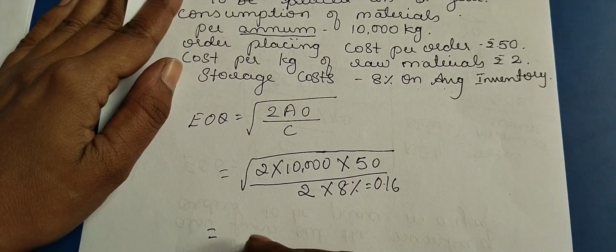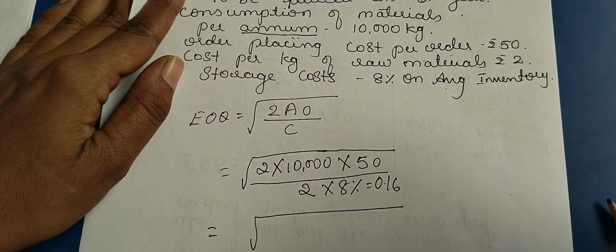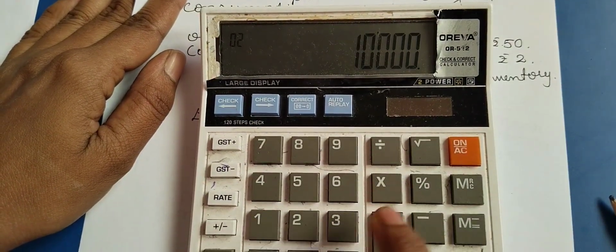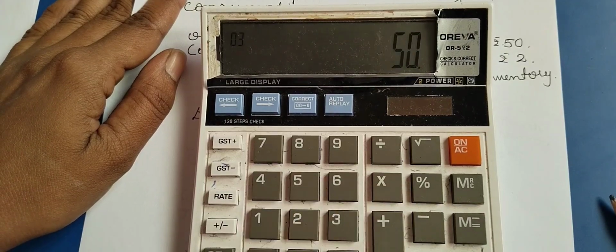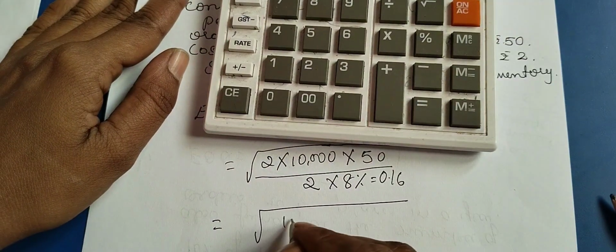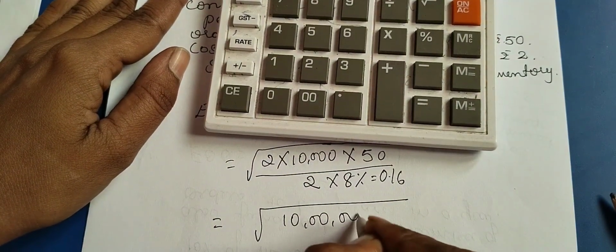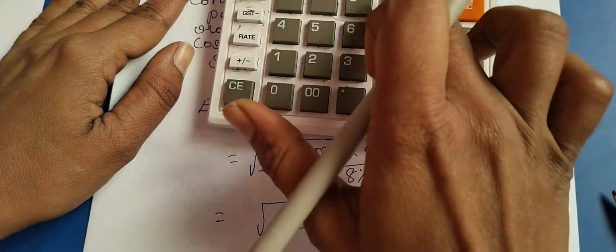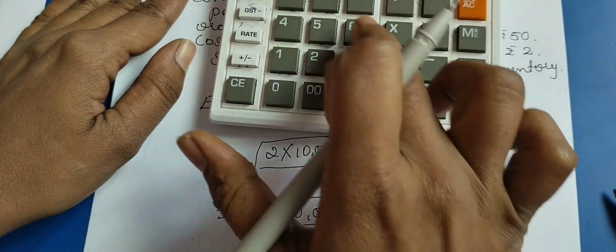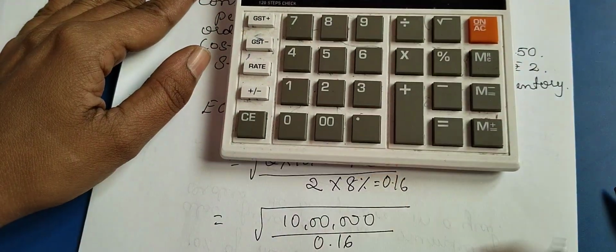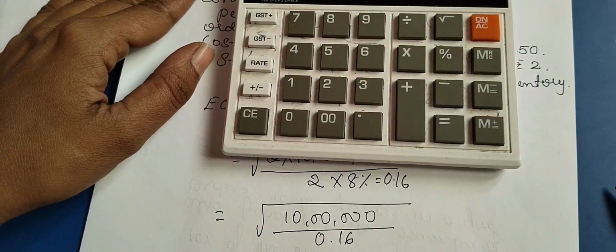0.16. Now calculate with me: 2 into 10,000 into 50 is 10 lakh, divided by 0.16, which is 62 lakh 50,000.